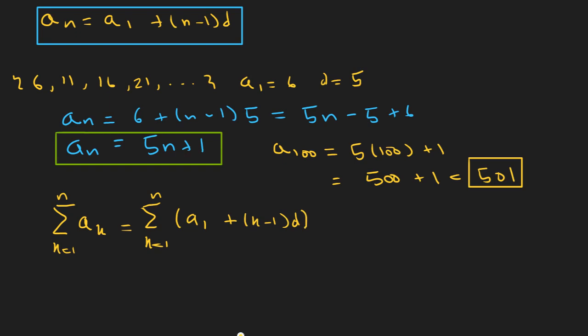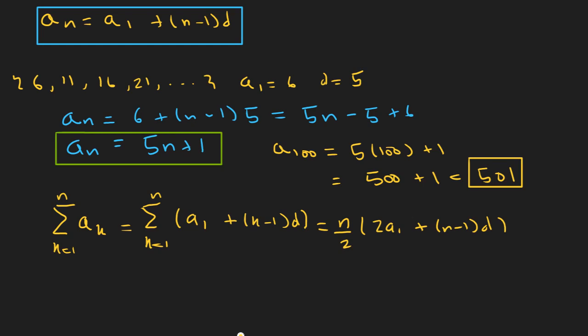Now, if we were going to try to get an explicit formula for this, there is a formula that we would get, and that would be the following. It would be n divided by 2 multiplied by 2 times the first term plus n minus 1 times d. And then we just close it, because we have the open parentheses over there.